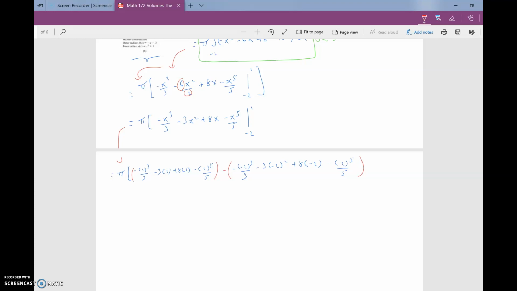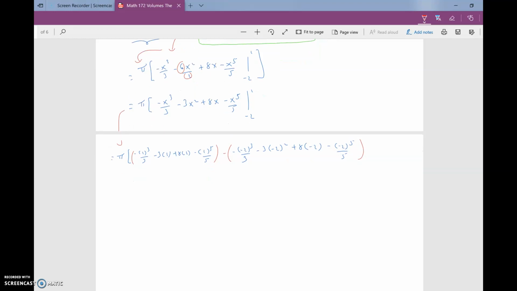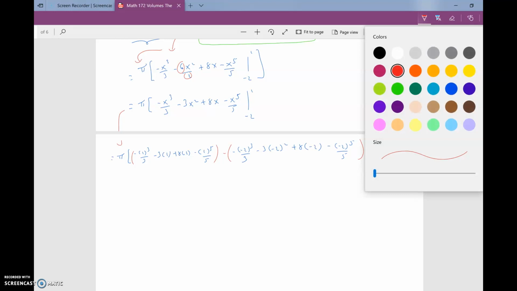And let me double check that no value was omitted. That's a negative 2 to the third minus 3 times negative 2 squared plus 8 and minus negative 2 to the fifth. Okay, so let's simplify the first portion.